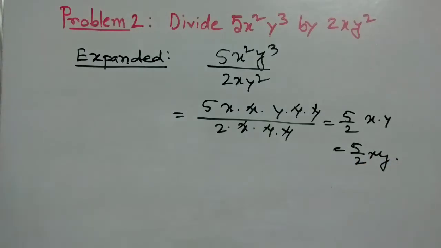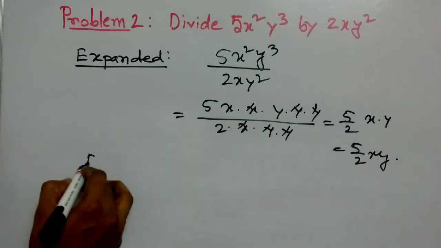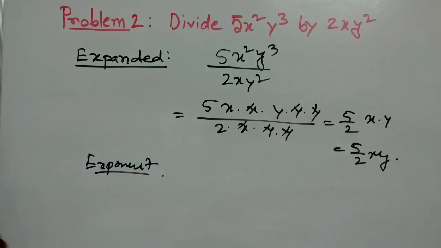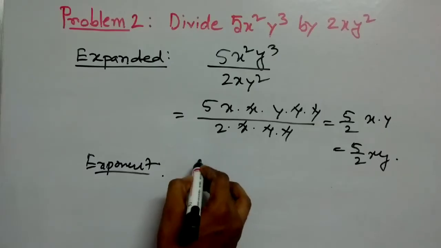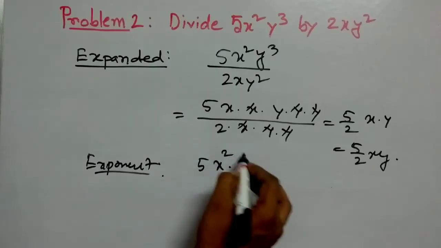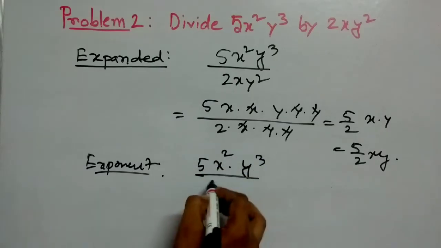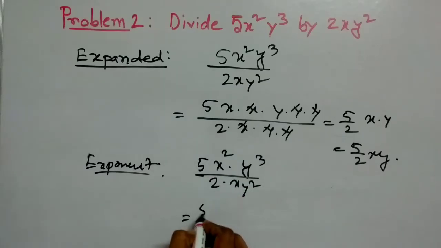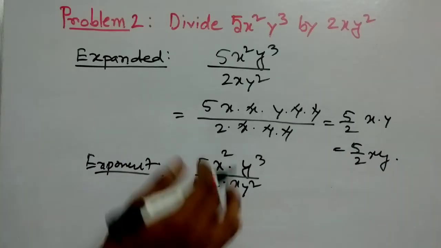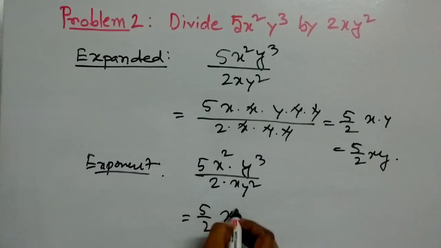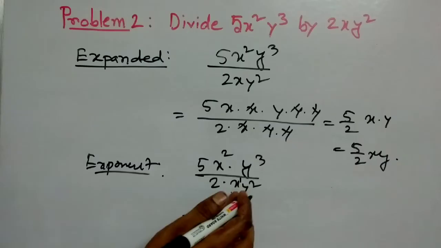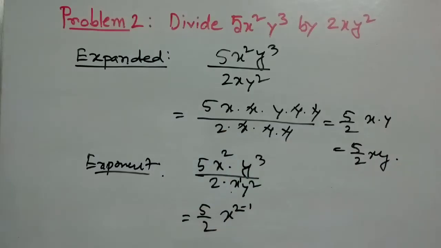It is the answer. If we solve it in the exponent way, then it is 5x square y cube divided by 2 into xy square. So 5 and 2 will be as it is. Now x square, so x to the power 2, and in the denominator x to the power 1, so this one will be subtracted.